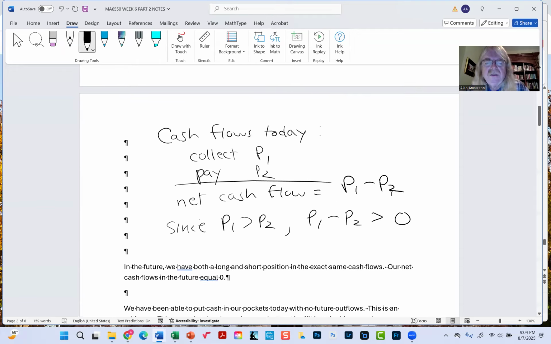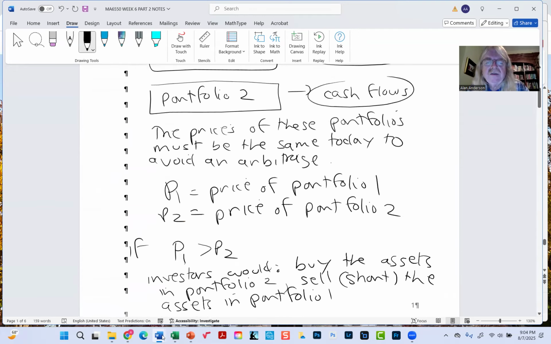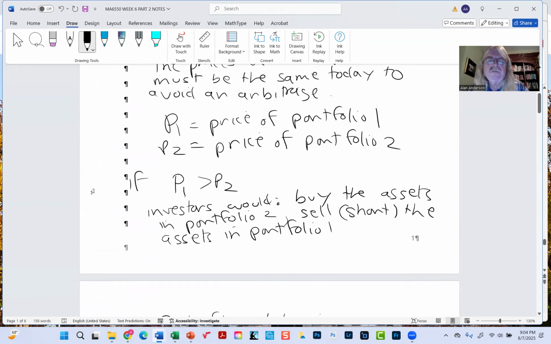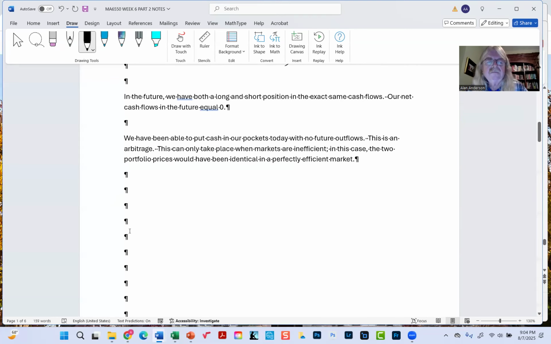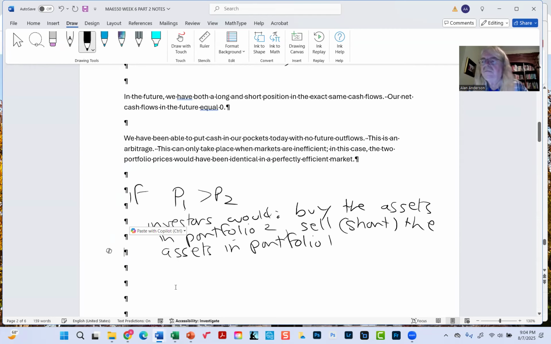Now, of course, if instead P1 is less than P2, we can just reverse all of this. Let me make a small change here. And then I just have to reverse the two. Here this becomes sell and this becomes buy.